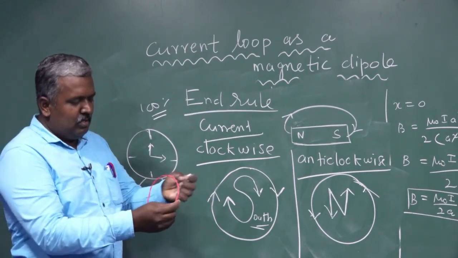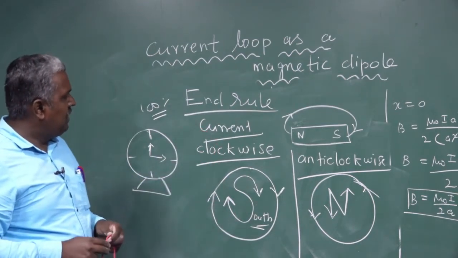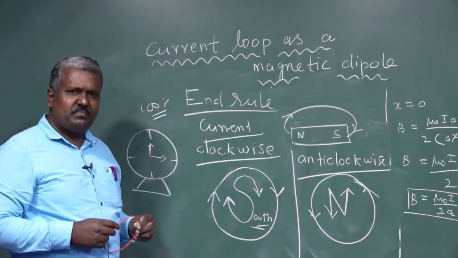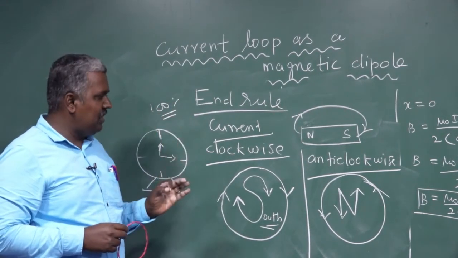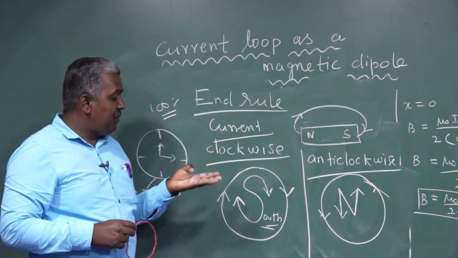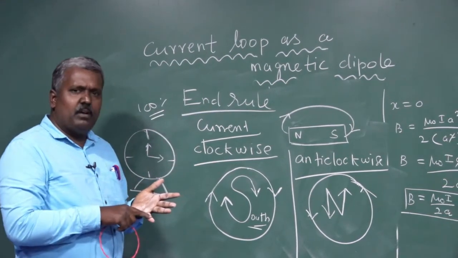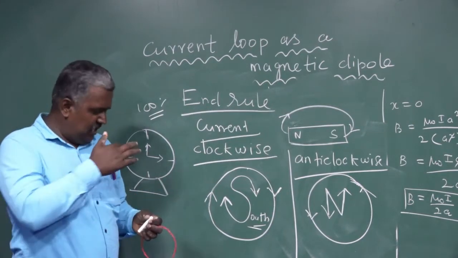It is a very, very important rule, and a very important 2 mark question, 100%. After studying the right hand thumb rule and the end rule, 2 marks in your pocket.